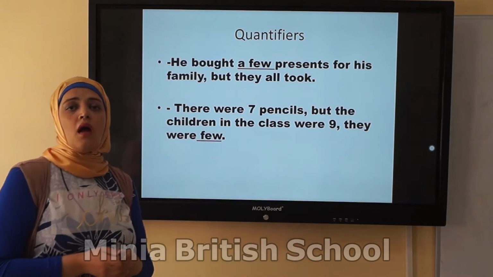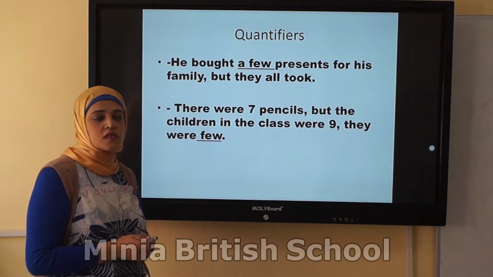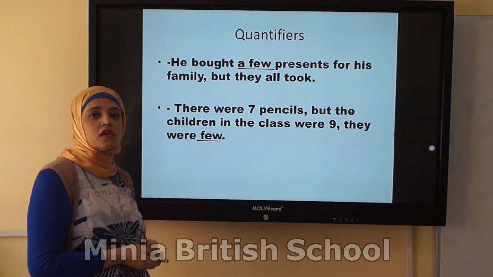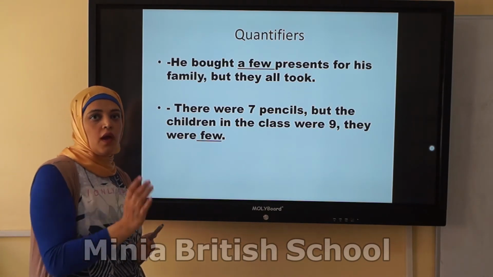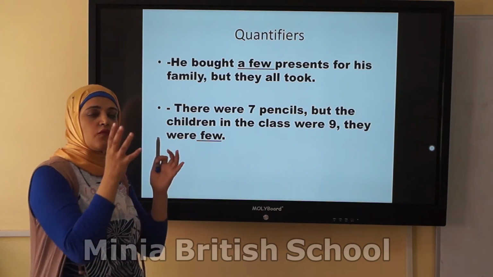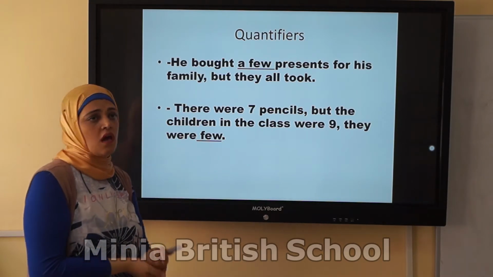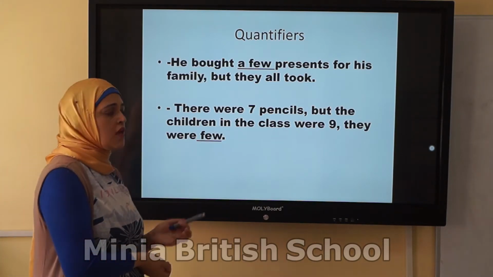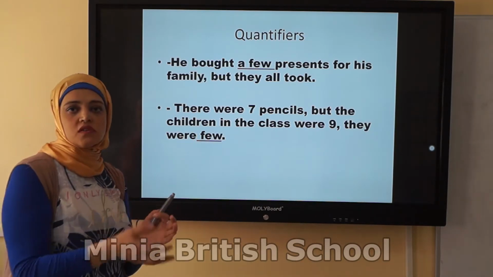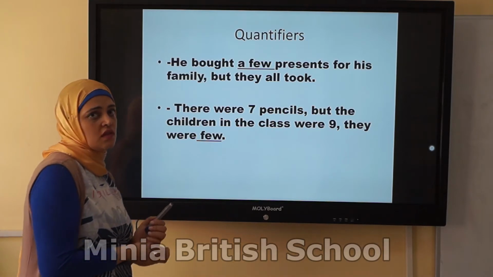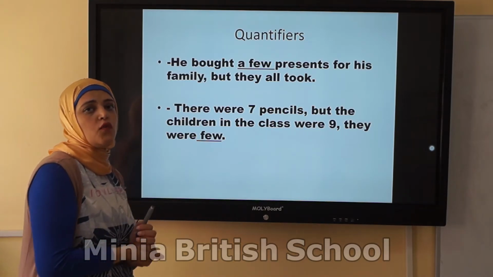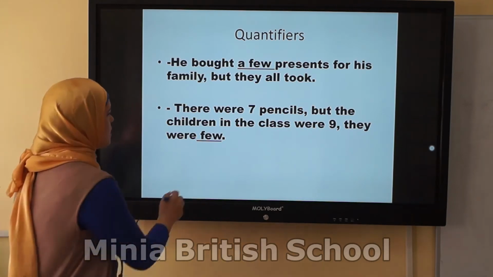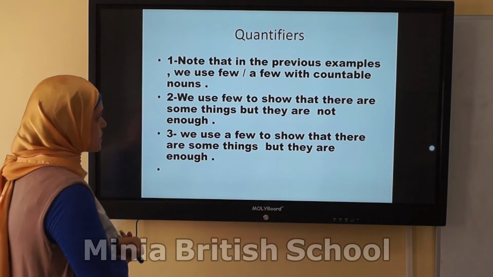Both of them come before, or we use them generally as quantifiers to refer to count nouns. With a few, there are some of these things, and they are enough. With few, they are not enough.